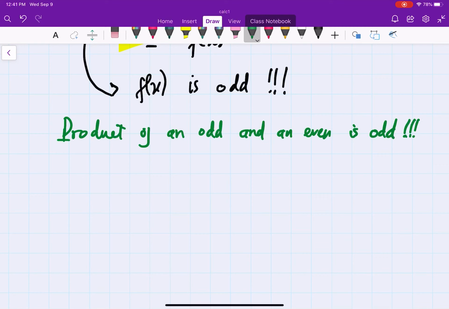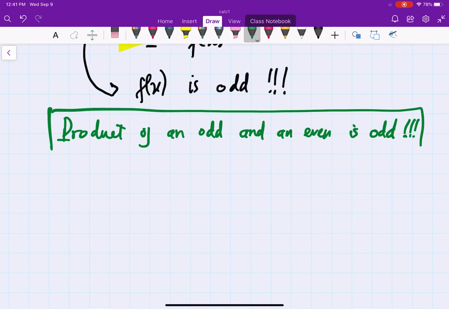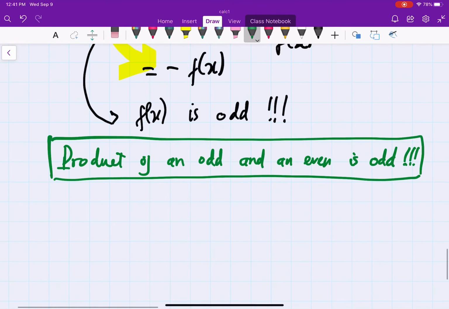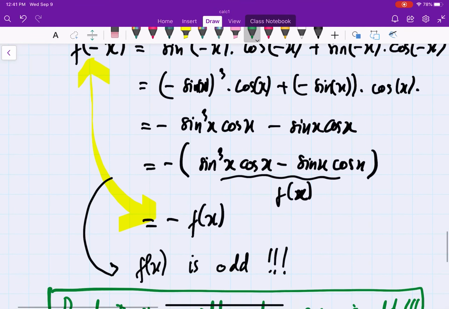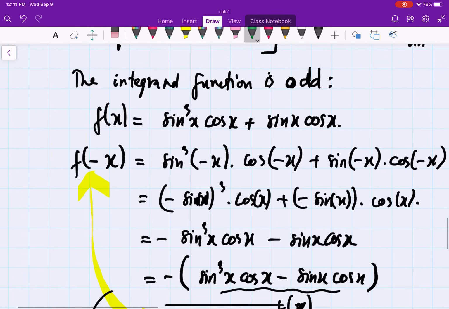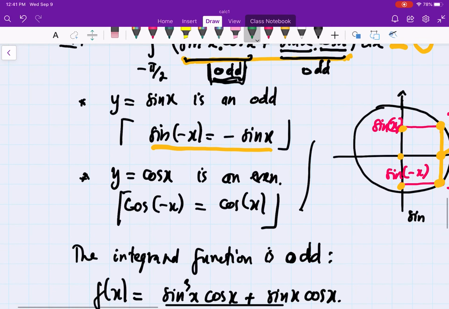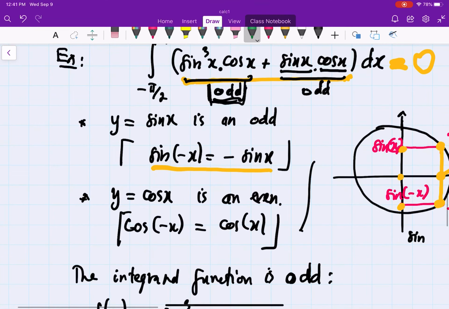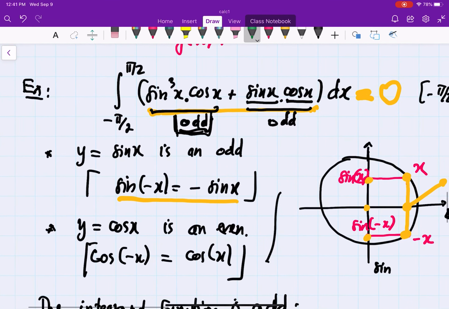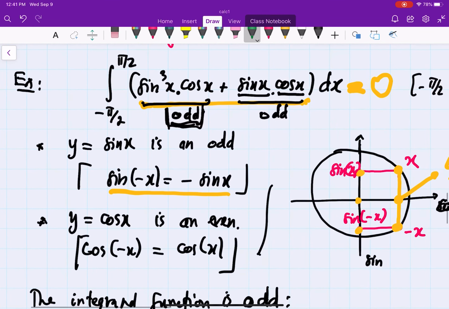Okay, so that's how we can use this statement in this integral. So I think I finished my video in here, and it's pretty small and pretty easy. But again, sometimes if we can recognize the integrand function, that saves a lot of time.